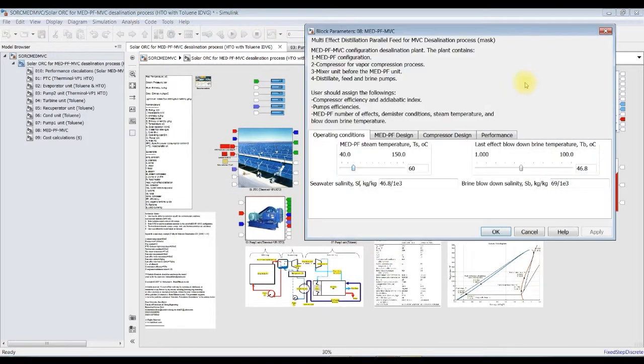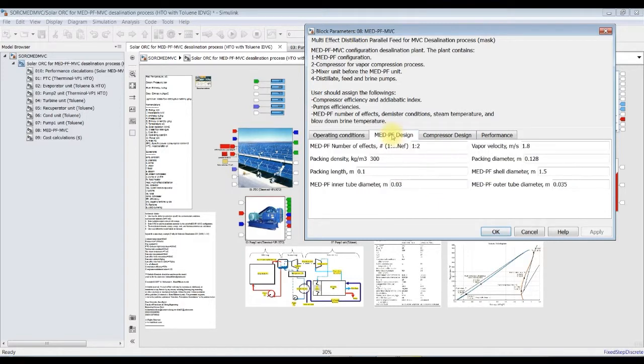MED: for MED, steam temperature, you can assign your steam temperature. I think 60, like the example. Okay, 60. Blow down temperature is 46. It's okay. MED number of effects: two effects.